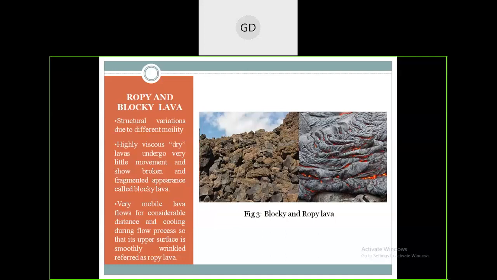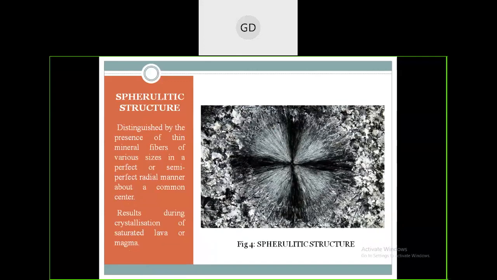Next one is the spherulitic structure. This is the picture of a spherulitic structure of igneous rock.